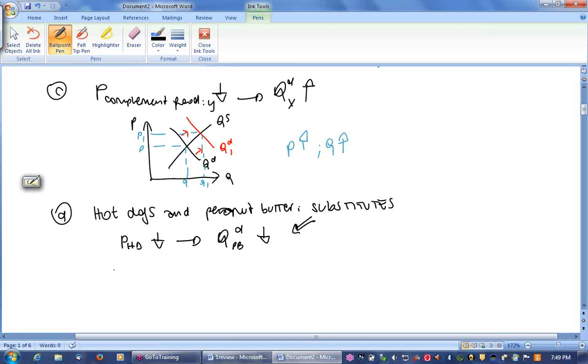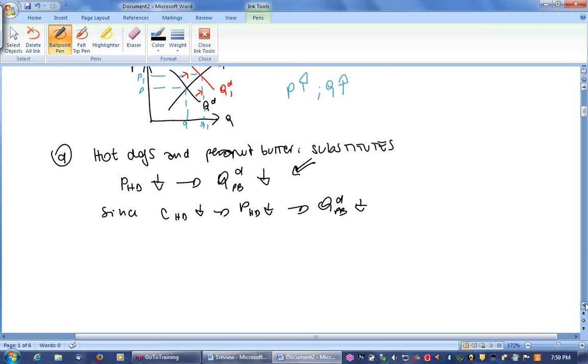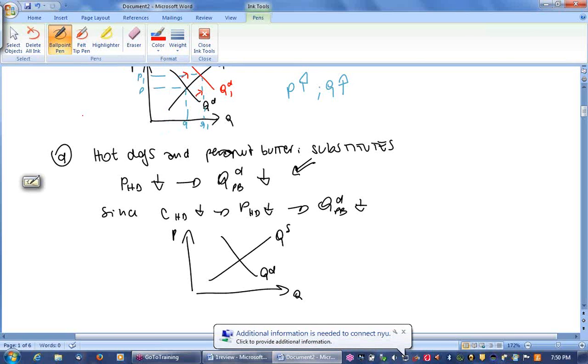Moreover, we know from the scenario that the cost of producing hot dogs has decreased. So since the cost of producing hot dogs has decreased, the price of hot dogs decreases, and then the quantity demanded of peanut butter also decreases. So on a graph, this is our initial supply and demand curves. And now we have that the demand is decreasing.